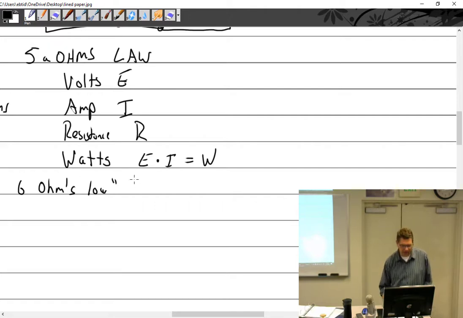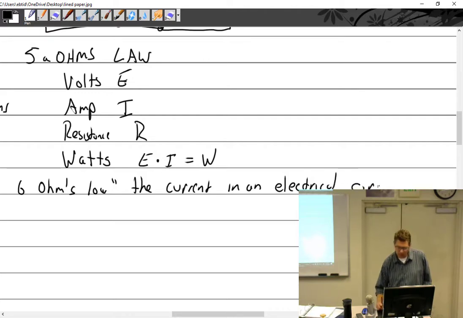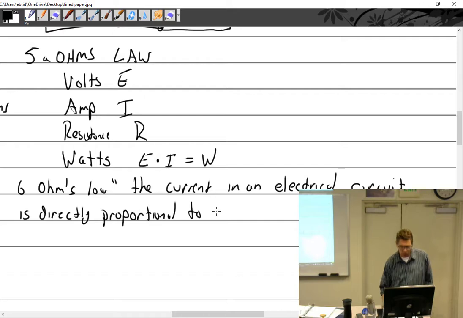It is the current in an electrical circuit is directly proportional to the EMF, which is voltage.